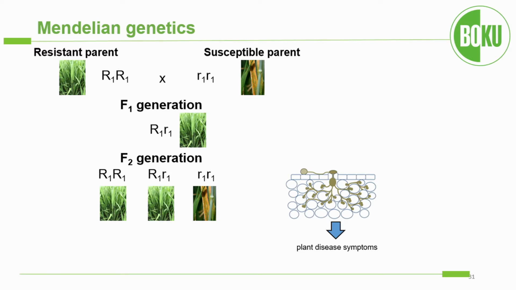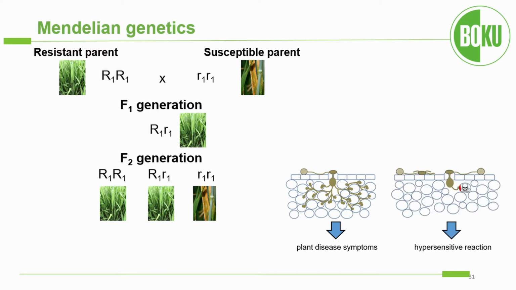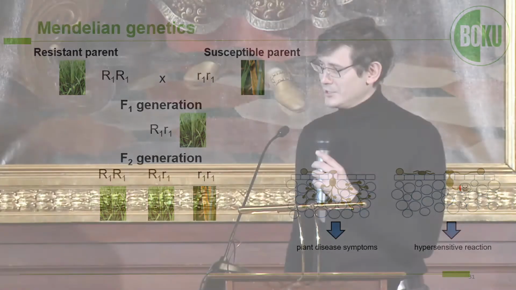These nutrients are then not available to produce kernels, and the yield is strongly reduced. On the other hand, resistant quite often means a so-called hypersensitive reaction. The fungus grows and tries to infect one cell, but the plant recognizes this, the cell self-destructs, the fungus cannot grow anymore, and the plants are resistant.